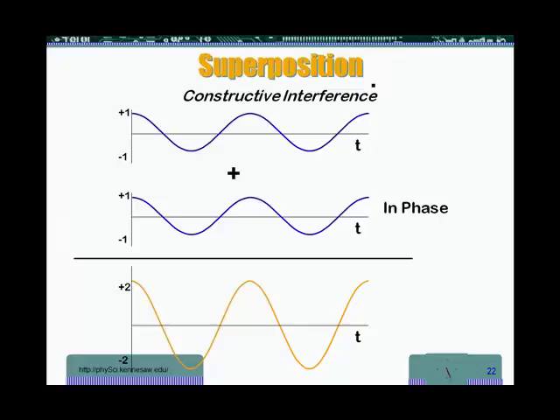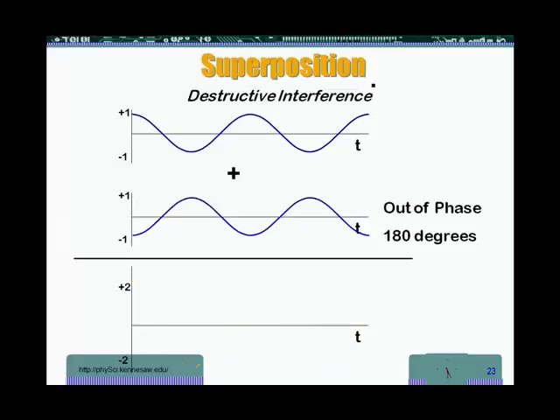Now, if the two waves are out of phase, something like this, meaning a crest is going to correspond to a trough and vice versa, in that particular case, a plus 1 amplitude is going to add up to a minus 1. That's going to result in a 0.